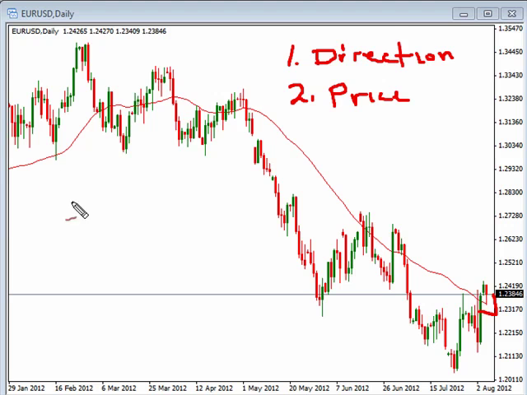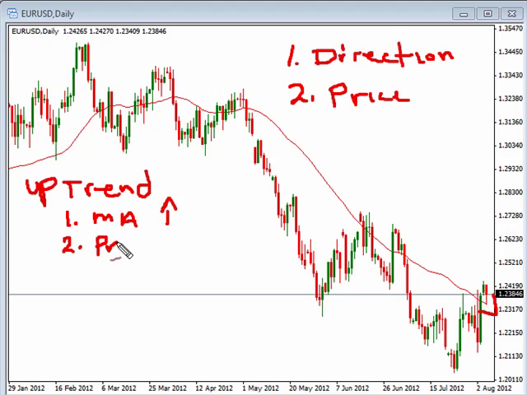So if we're going to say that we're in an uptrend, we need to have two conditions. We need to have, one, the moving average going up, and two, the price is going to be above the moving average.